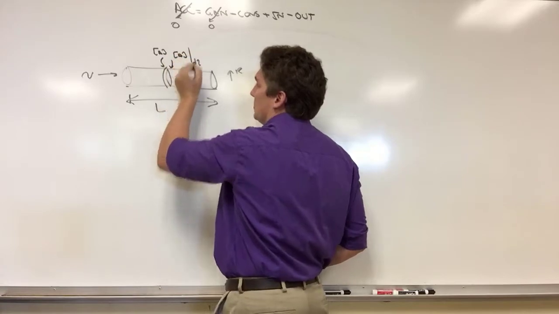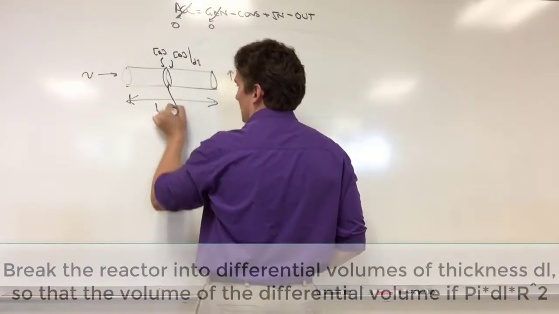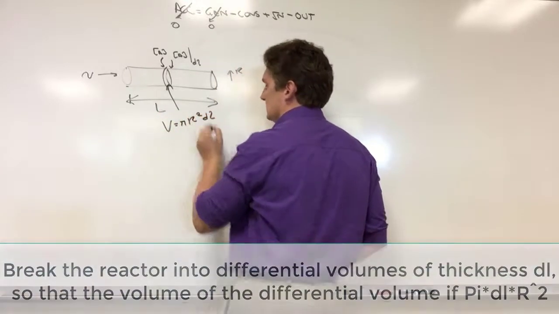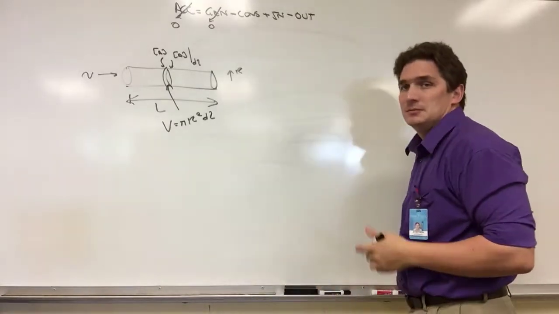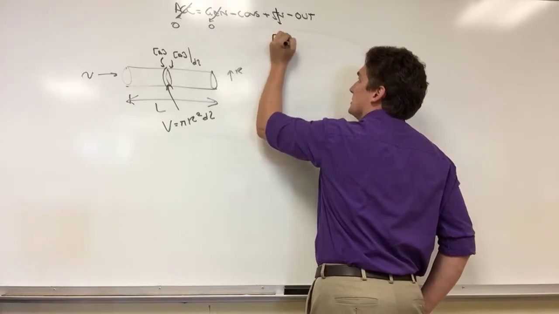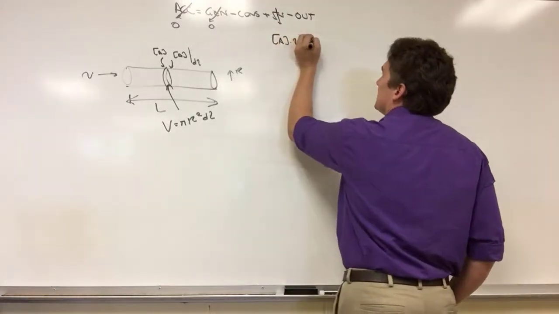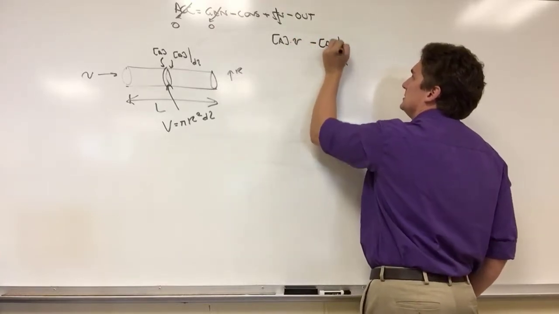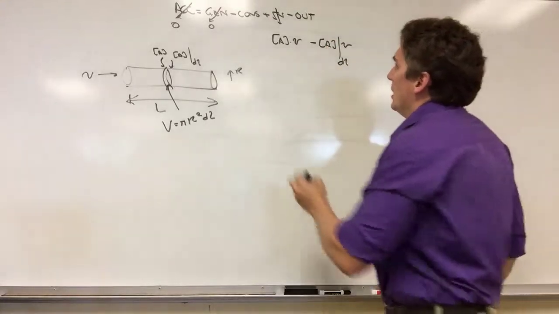So we're going to represent the width of this plug as dl, and so the volume of our plug is pi r squared dl. So our in term is our concentration times our flow rate. Our outlet concentration is whatever it is at l plus dl times the flow rate.